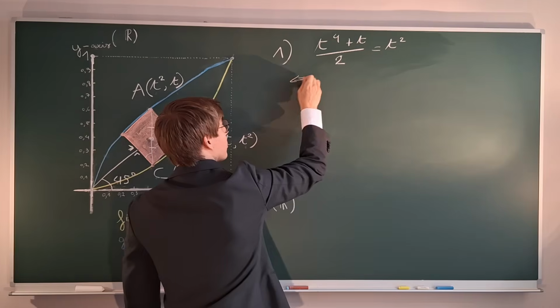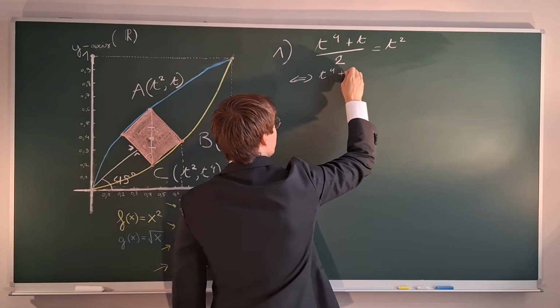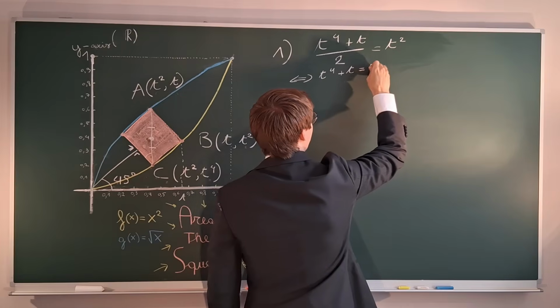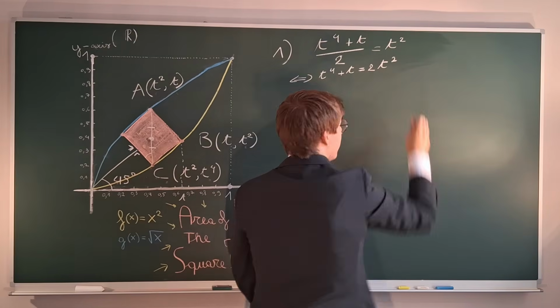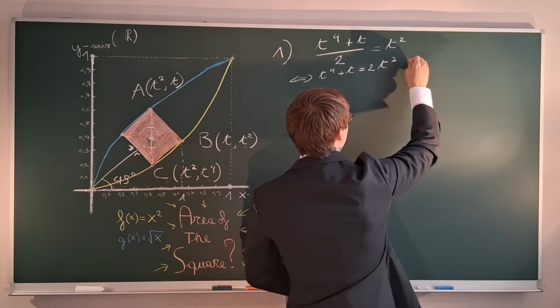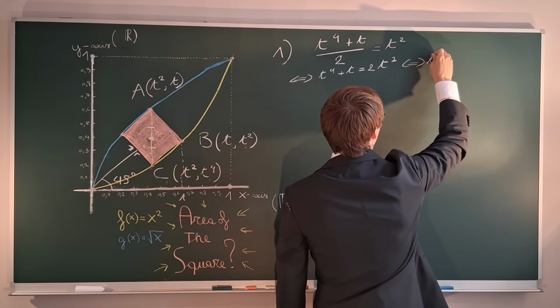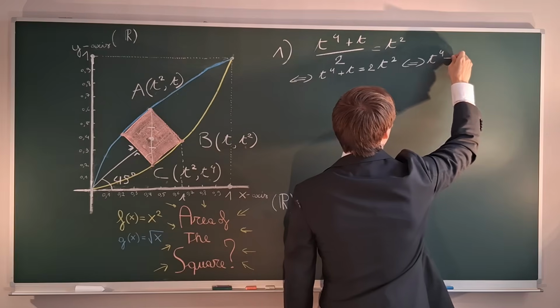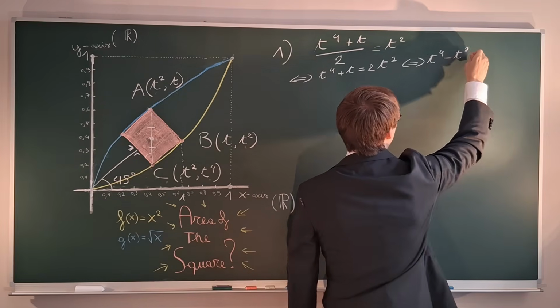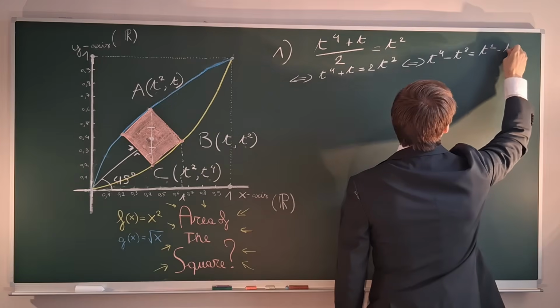And then it follows that t to the power of 4 plus t is equal to 2t squared. And now we're going to use a trick, which is that we can write this as t to the 4th minus t squared is equal to t squared minus t.